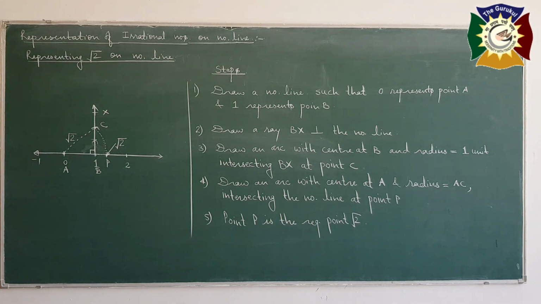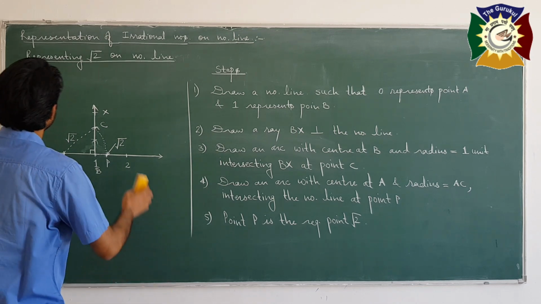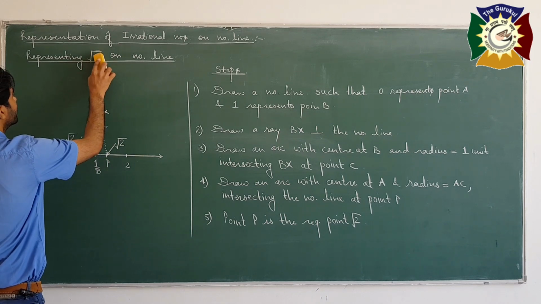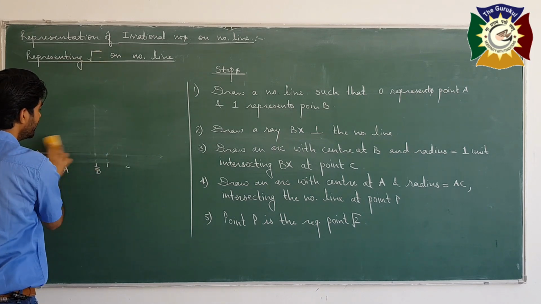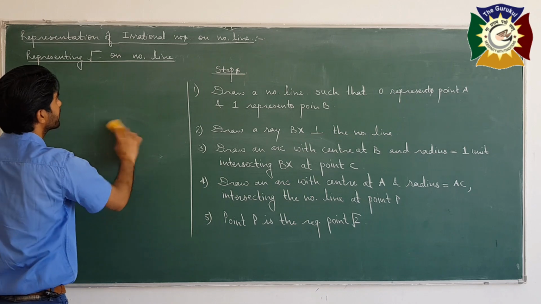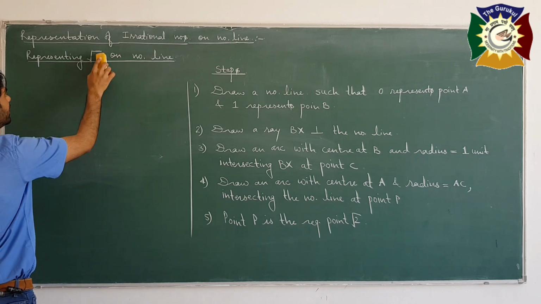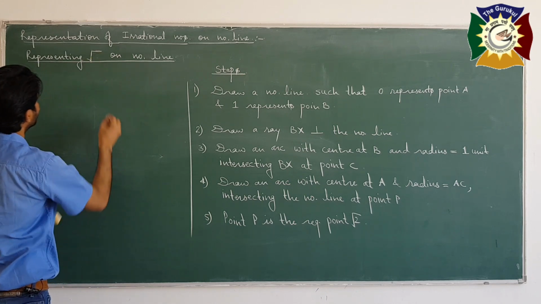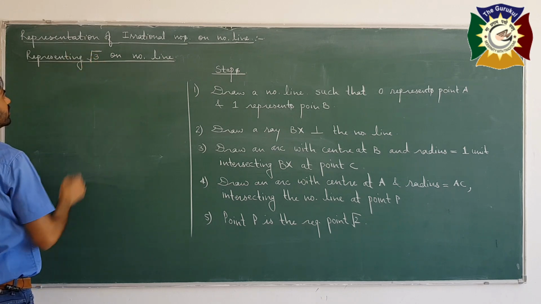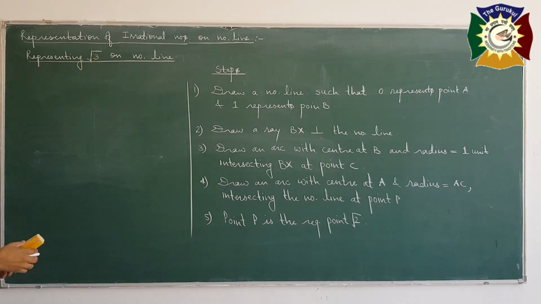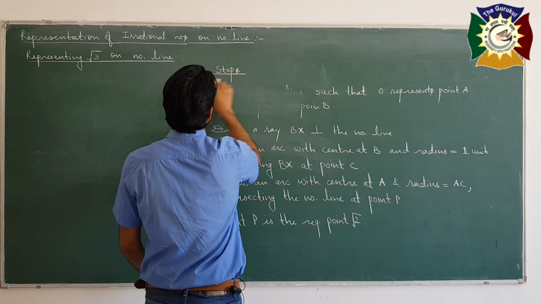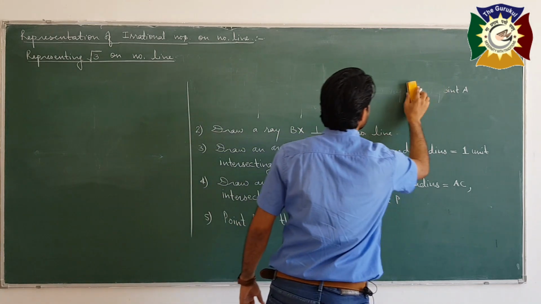So similarly we can represent root 3 also. So how to represent root 3? Now we will see. Again we will follow the steps. Representing root 3 on the number line. So we will write the steps again.